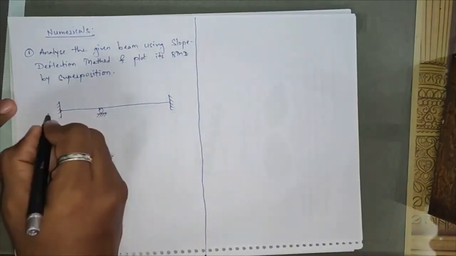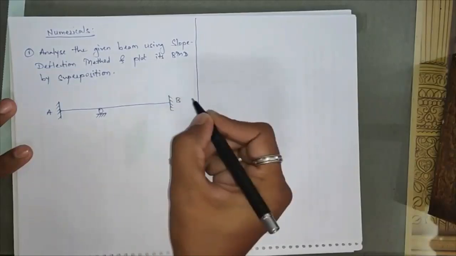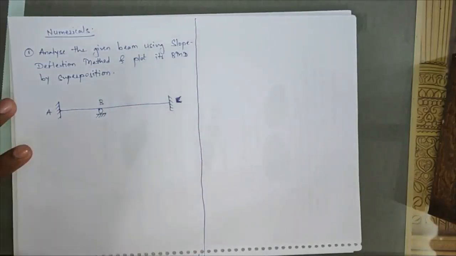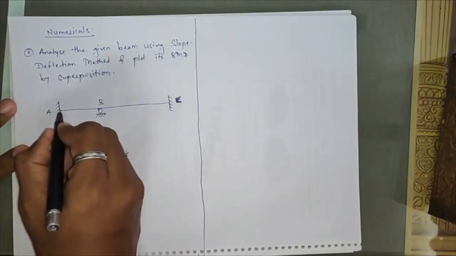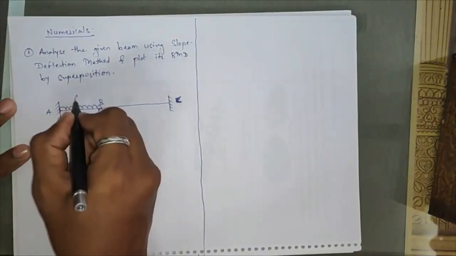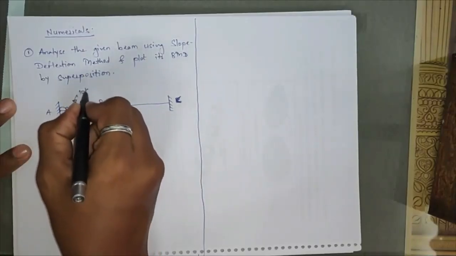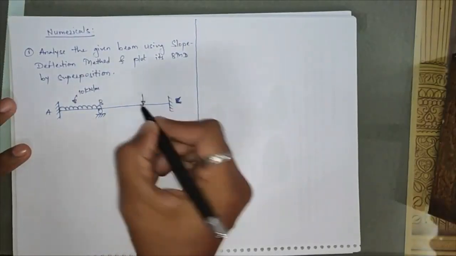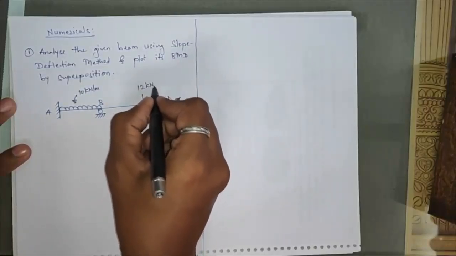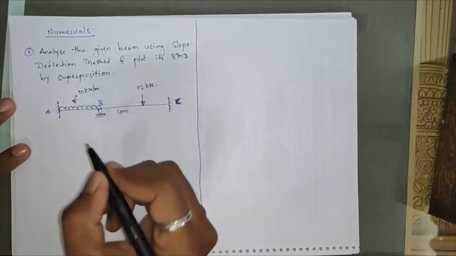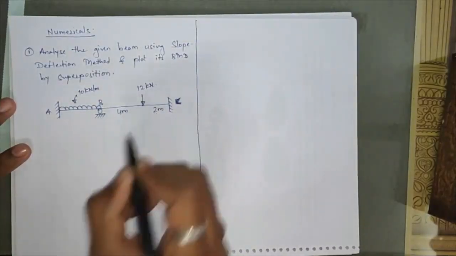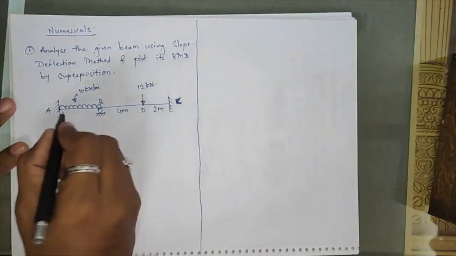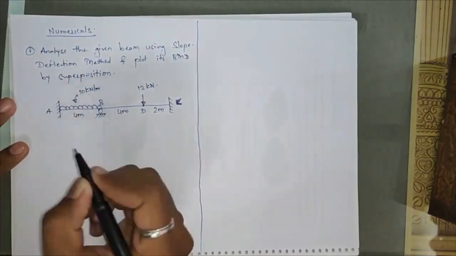I am drawing the given beam diagram. It is A, B, C, a continuous beam of which span AB is loaded with a UDL of intensity 10 kN per meter, and between span BC there is a point load of 12 kN acting at a distance of 4 meter from joint B and 2 meter from joint C. Suppose this point I am calling D. The UDL span AB is completely 4 meter.